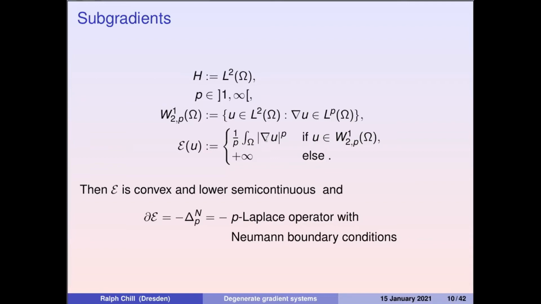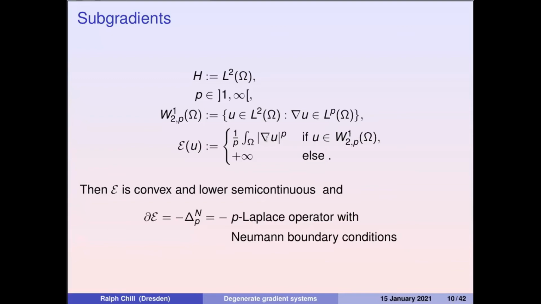Here the effective domain is a linear subspace of L2. This energy is convex, lower semi-continuous. The effective domain is even dense in L2. And the subgradient actually can be seen as a single valued operator. It's in general a relation, but here it's a single valued operator. It's a realization of the P-Laplace operator with Neumann boundary conditions.